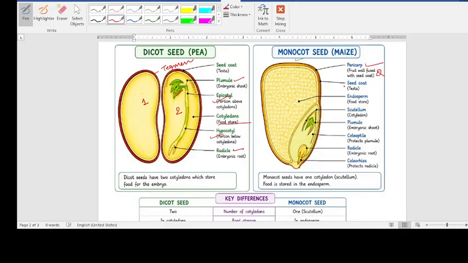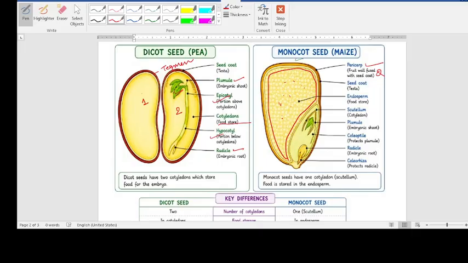Now here the seed coat, testa and tegmen, is also there. Now this complete portion which you can see, the major portion of the corn, which I am marking with a demarcation line, this complete portion consists of endosperm, and that's why it is called an endospermic seed.